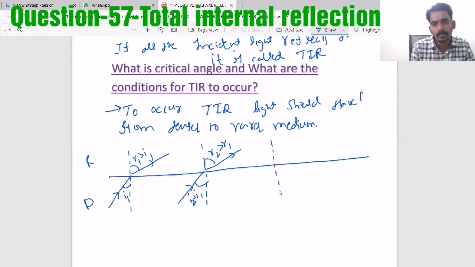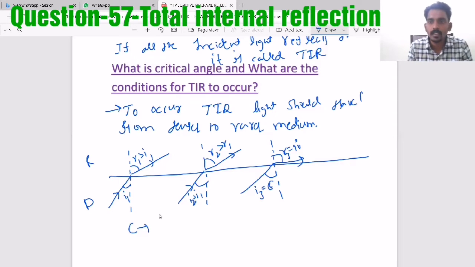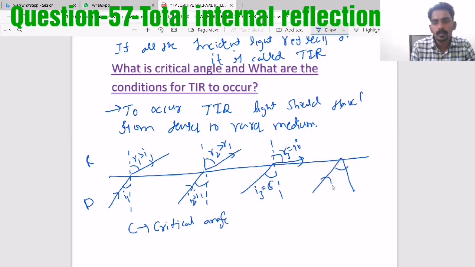Now, when you keep on changing the incident angle, at a particular angle of incidence the refraction angle becomes exactly 90 degrees, and that corresponding angle of incidence where the refraction angle becomes 90 degrees is called critical angle. Now, if the angle of incidence is, let's say, I4 greater than C, then the total light reflects back.